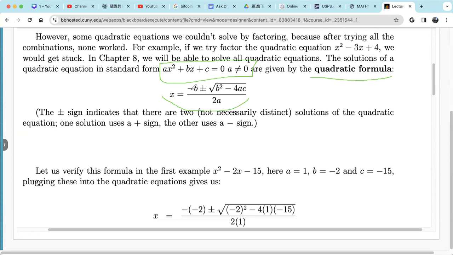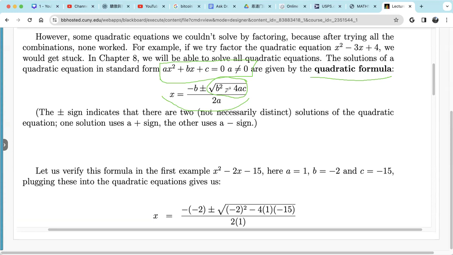So we just plug in: -b plus minus the square root of b squared minus 4ac, divided by 2a. This part here is important. Because we have a square root, if b squared minus 4ac is a perfect square, think about this as a 4, the square root of 4 is 2.